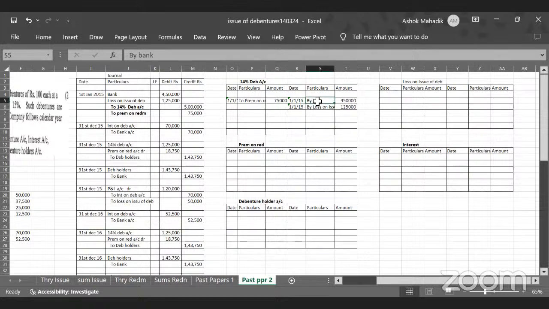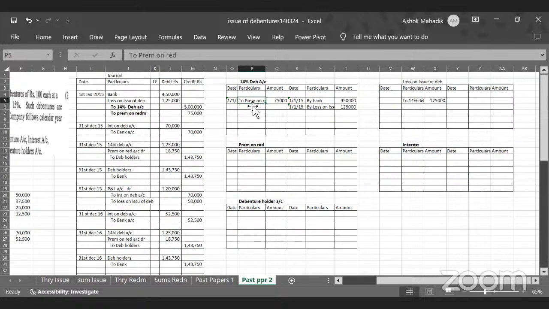Now bank account we haven't prepared, so don't bother about posting that item. But remaining two accounts are there. Here on the credit side we have written by loss on issue. So in loss on issue you write to 14% debenture account. What is the amount? 1,25,000. Is this clear, students? The second account is premium on redemption.